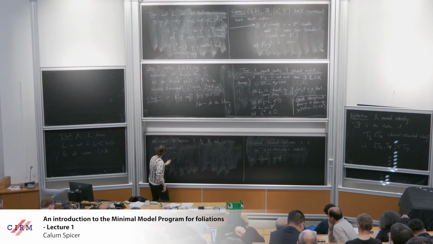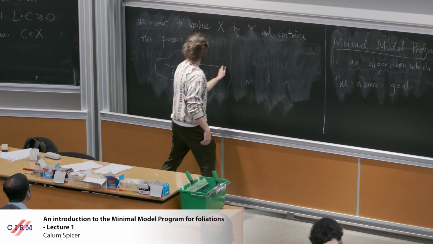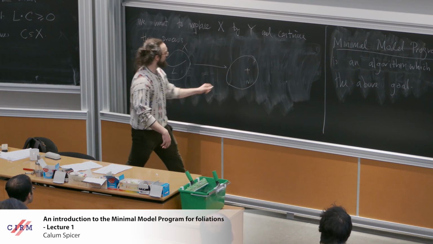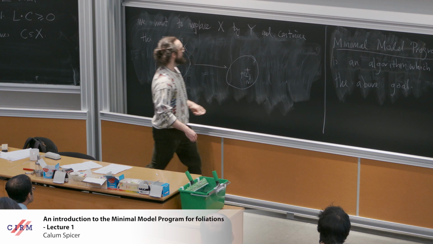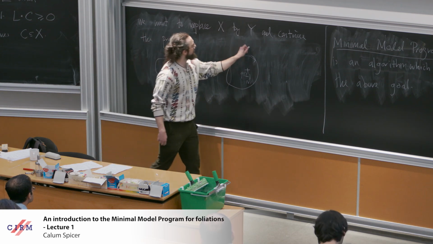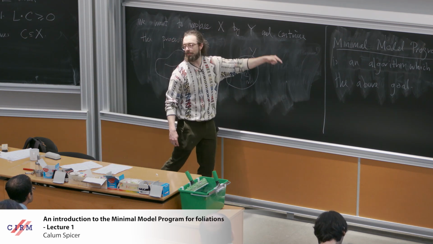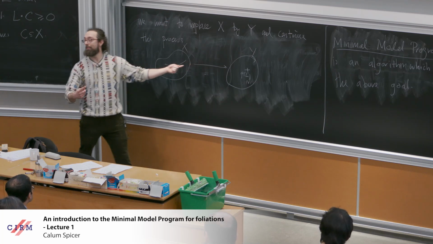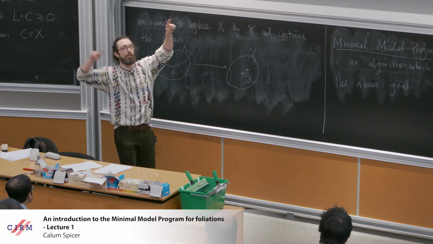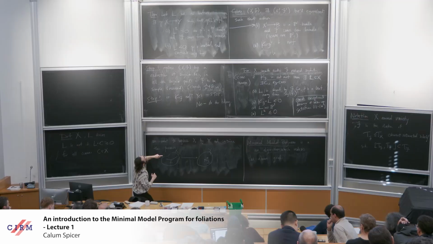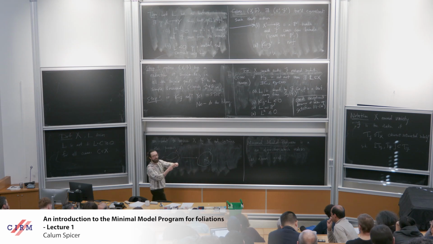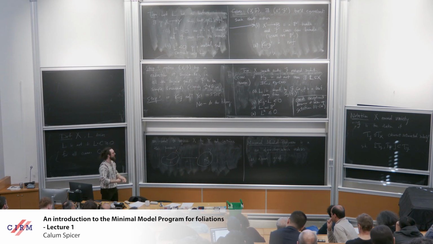So here's L. We're contracting L down to a point. So here's P of L here. And then we want to basically just rerun the whole process again. So if it's nef, we stop. If it's not nef, we hunt around for another curve using the cone theorem, and then find it, and then contract it, and then just continue.